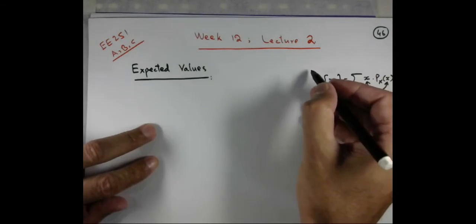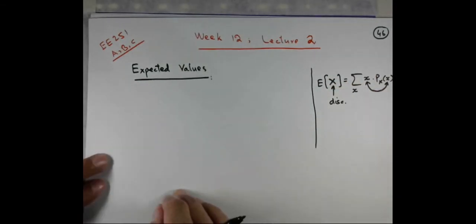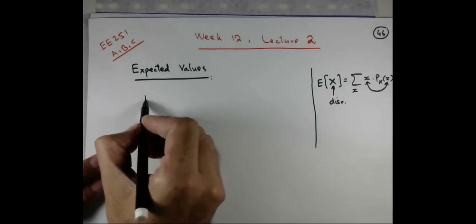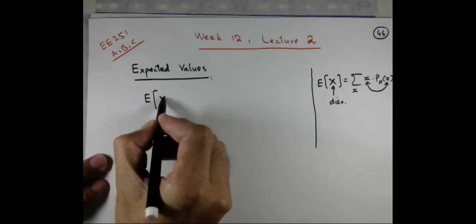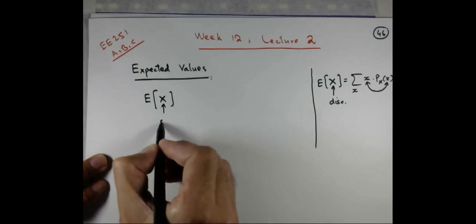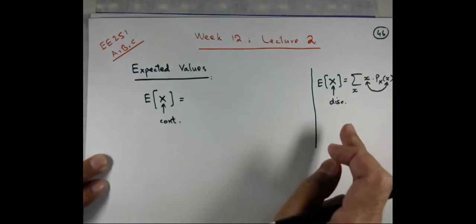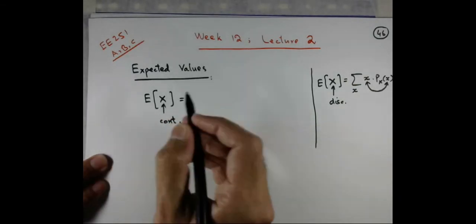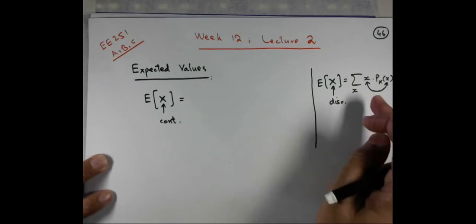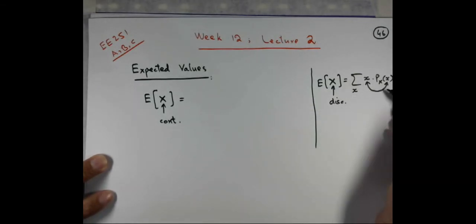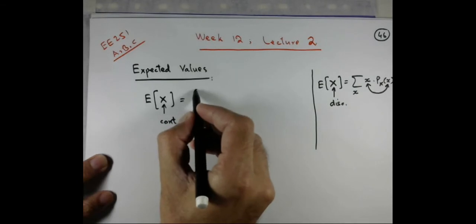This was in the case of discrete random variable, but now we are discussing continuous random variable. So expected value of x, if x is a continuous random variable, can be very easily written if we know this formula. The summations will be replaced by the integrals and the PMF will be replaced by the PDF of the random variable. So now we write it as such.